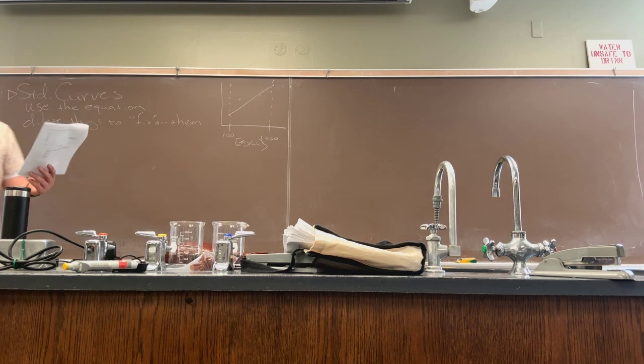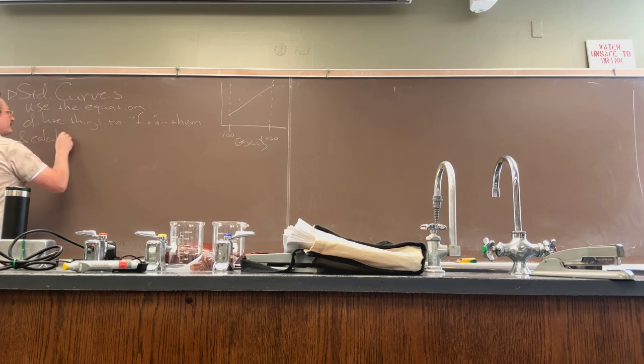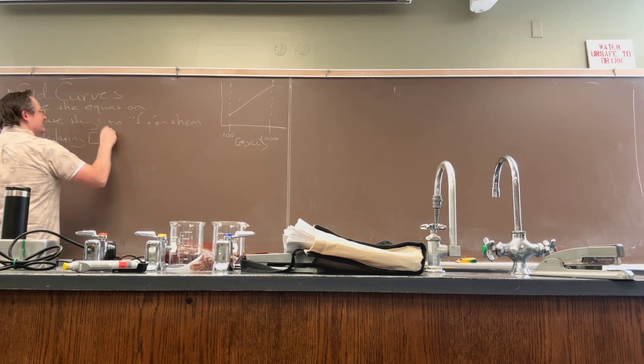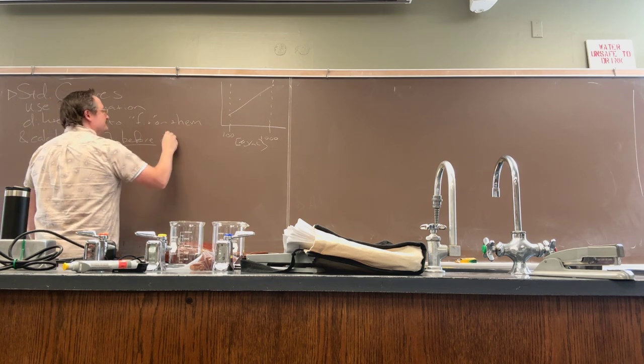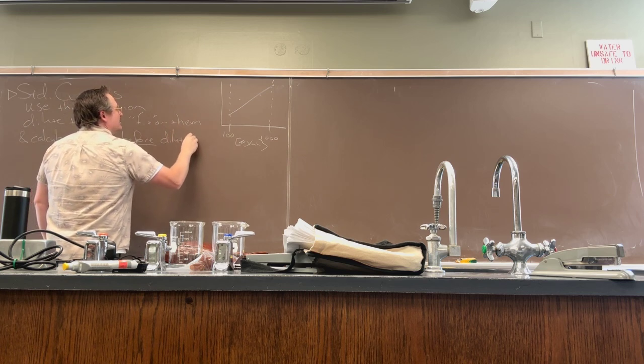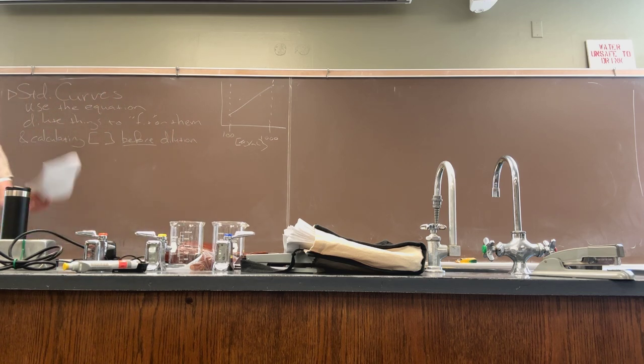Solid? And don't forget, diluting things to fit on them, and calculating concentration before dilution. Because you can calculate the concentration of the diluted sample, but we're not usually really curious about that.